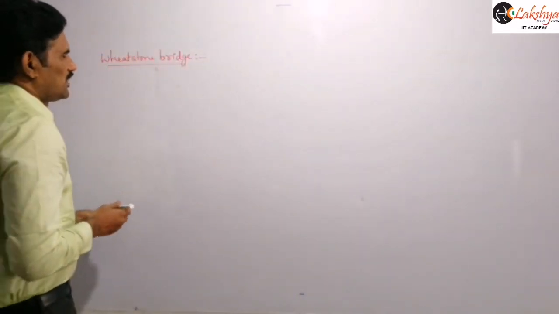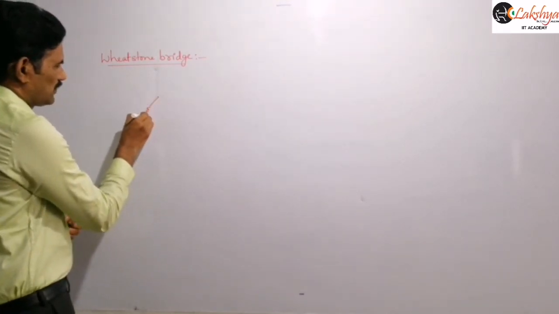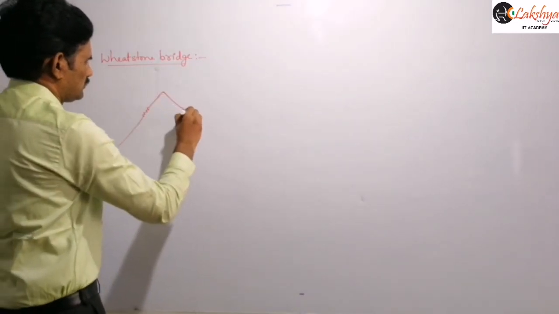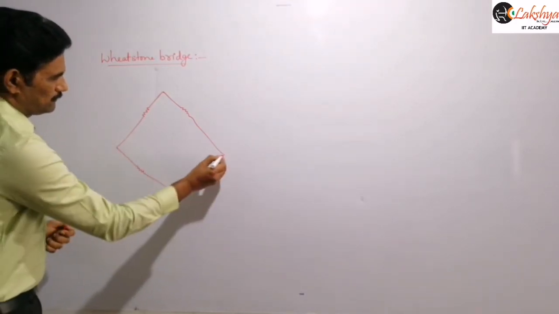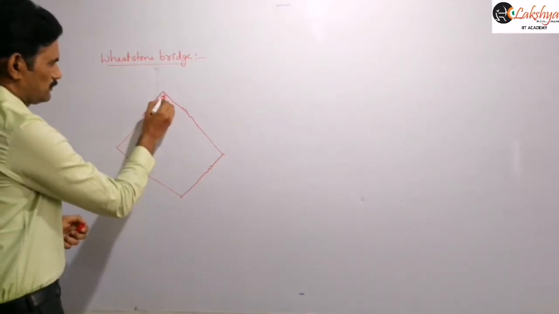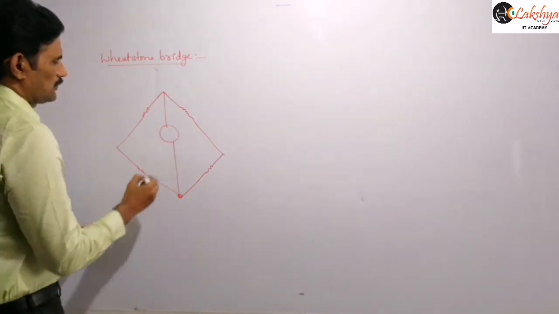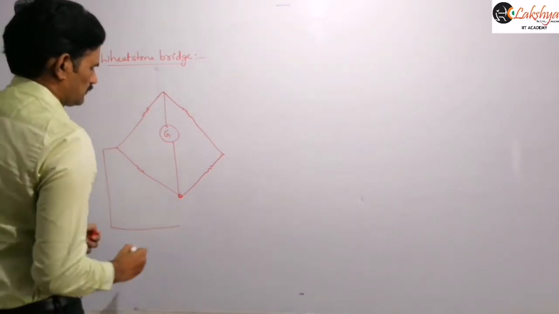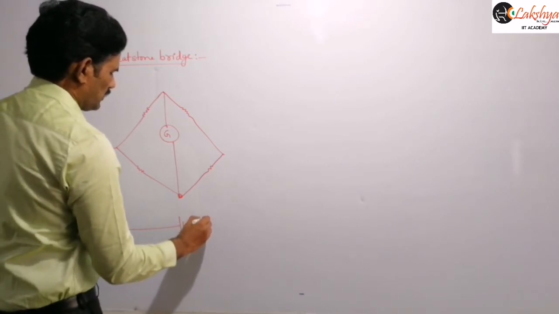This Wheatstone bridge generally consists of 4 resistors connected in the form of a quadrilateral. Here a galvanometer is connected, and this is the cell, and some switch will be there.